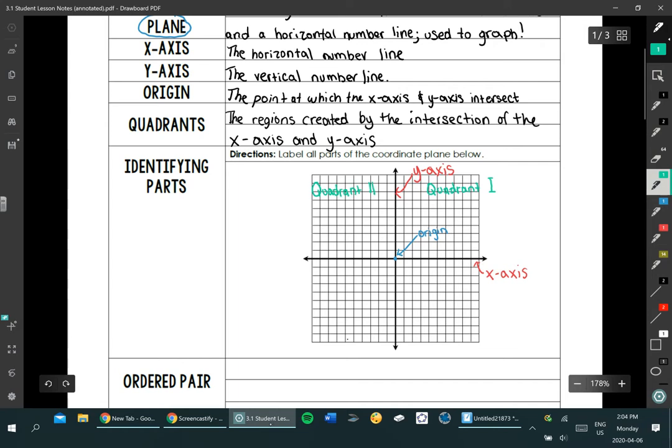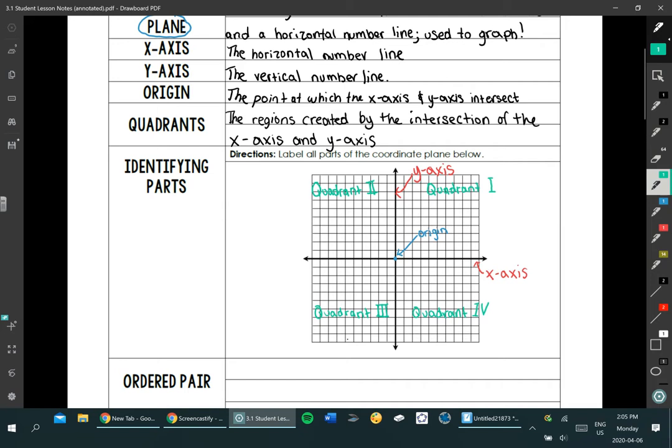So again, Roman numeral for 2 is 2 capital I's, okay? And then we have quadrant 3 over here. And instead of 3, we write 3 capital I's. And then finally, quadrant 4. And the Roman numeral for 4 is capital I, V. That's 4. All right, so those are the key features of our coordinate system.